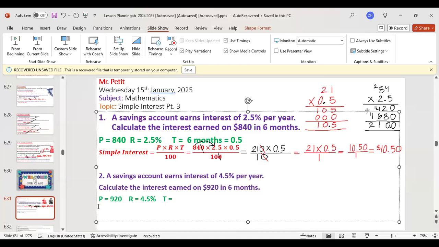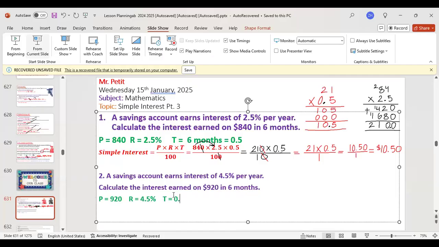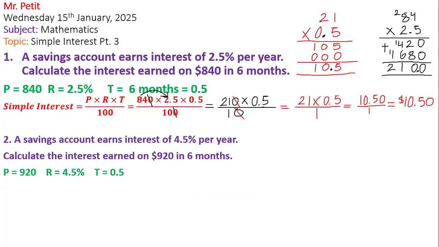So since it's 6 months, it's going to be how much in terms of decimal? 0.5. Very good. Let me ask you a question. What if it was 3 months? 0.25. What if it was 9 months? 0.75. Good.